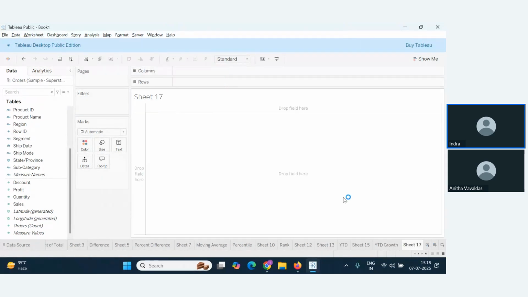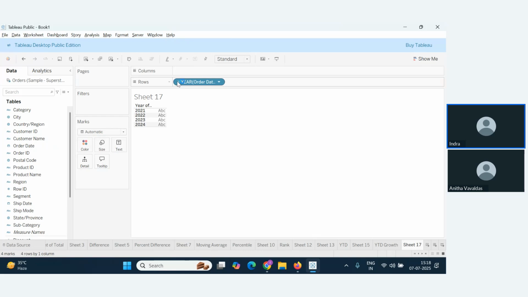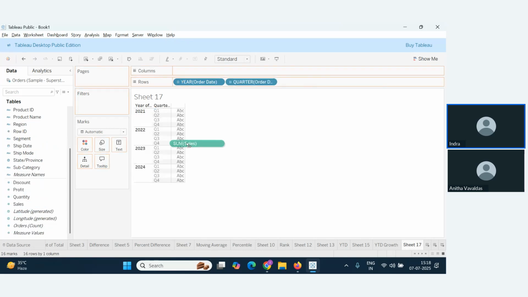Let me take a new sheet again. I'll show you one more example. Let's take year here. In this field, we'll take order date, year, and we'll take quarter. Now let's take sales here.